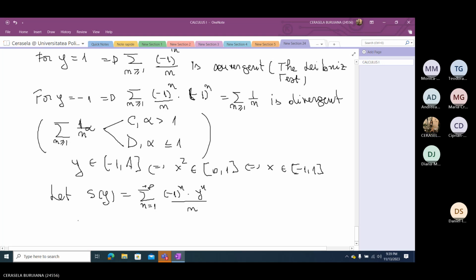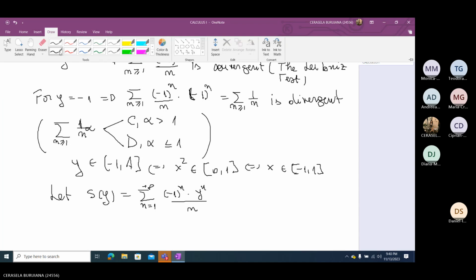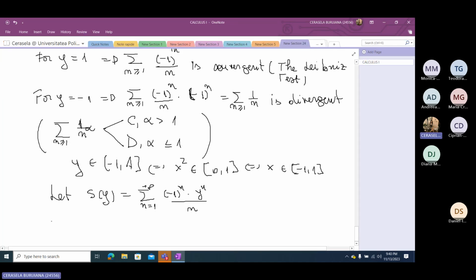Okay. What can I do for this series? I taught you what to do, to integrate or to derive term by term. What do you think is more suitable here? We can derive. Exactly, good.